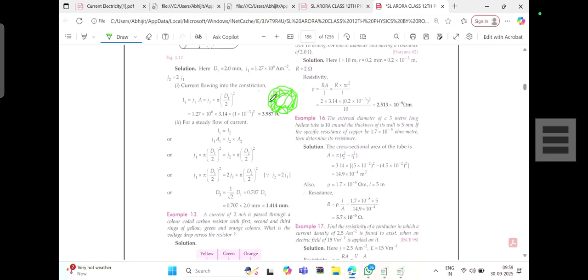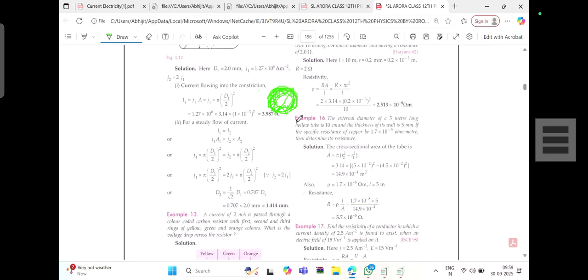This is the region where the current flows. Here we have to find the cross-sectional area. So how can I find it?